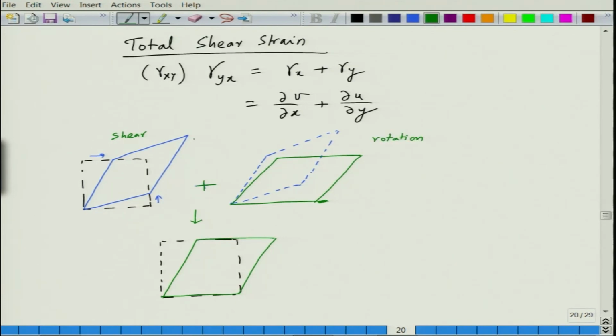So, this is shearing in this direction and this is rotating in this direction. So, we are combining the process of shear and rotation to the overall deformation that we see in the final shape. Okay. So, that is why these two shear strains have to be added, one in the x, another in the y. They give you the net shear strain for a 2-dimensional body.